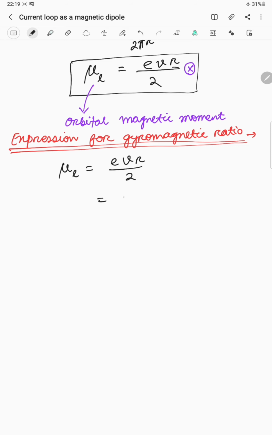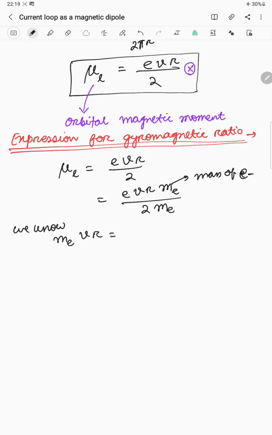So let me multiply the mass of the electron on both sides, up and down: EVr times the mass of the electron, divided by 2 times the mass of the electron. Here m_e is the mass of the electron. Now we know that the mass of the electron times V times r is capital L. And what is L? L is the angular momentum of the electron.